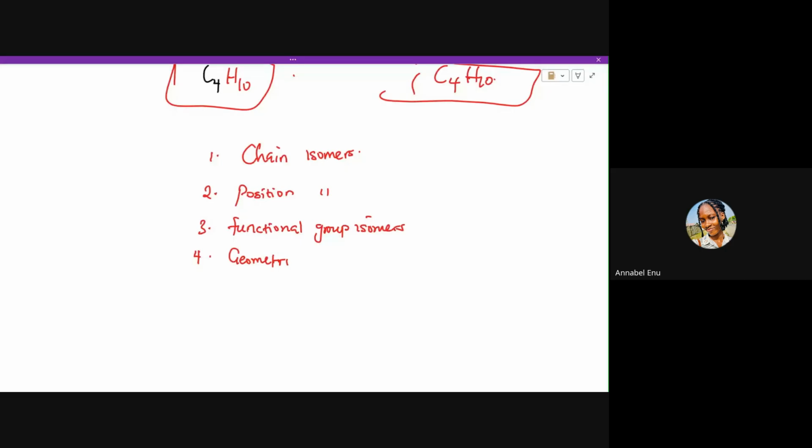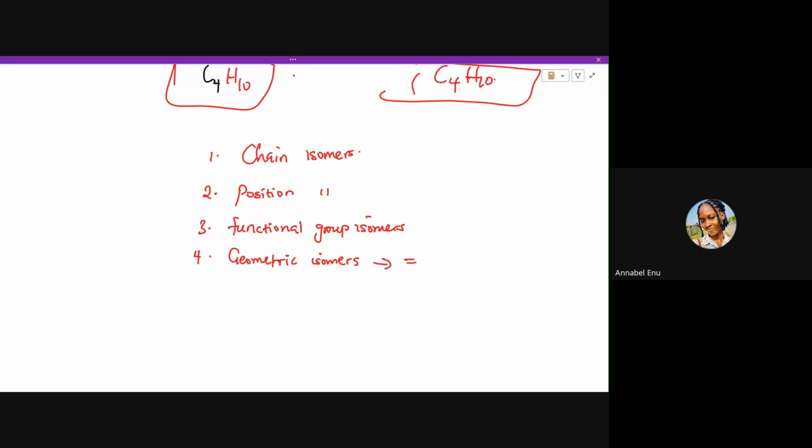Now, geometric isomers usually occur in unsaturated compounds that have double bonds. Chain isomerism just has to do with the chain.